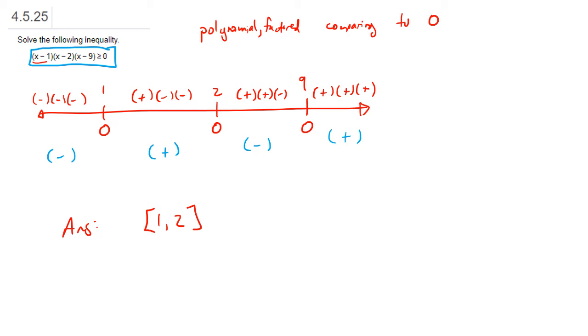But then also, everything from 9 and above. And we do want to include 9, because at 9, the result was 0. That's why we included 1 and 2 as well. The problem as stated says, yes, include 0 in this inequality. Notice I never include infinity in an interval. It's not actually a number, so I don't want to indicate that I'm including it in the interval.